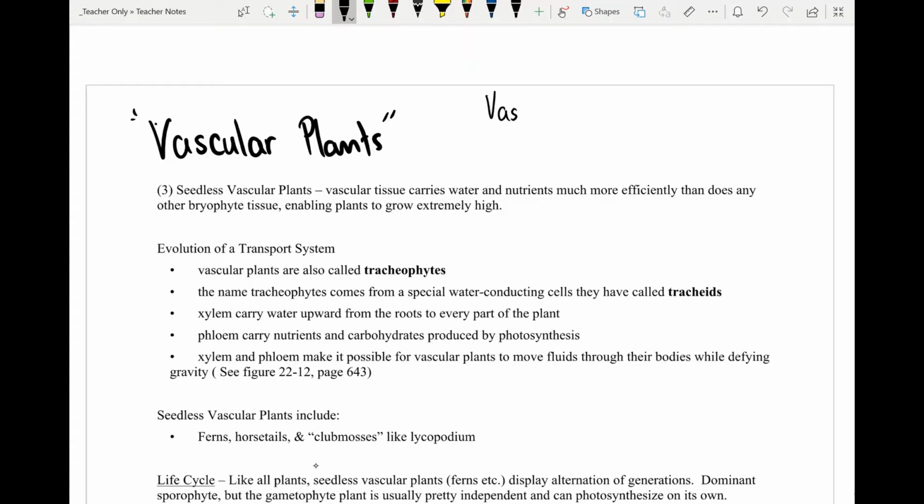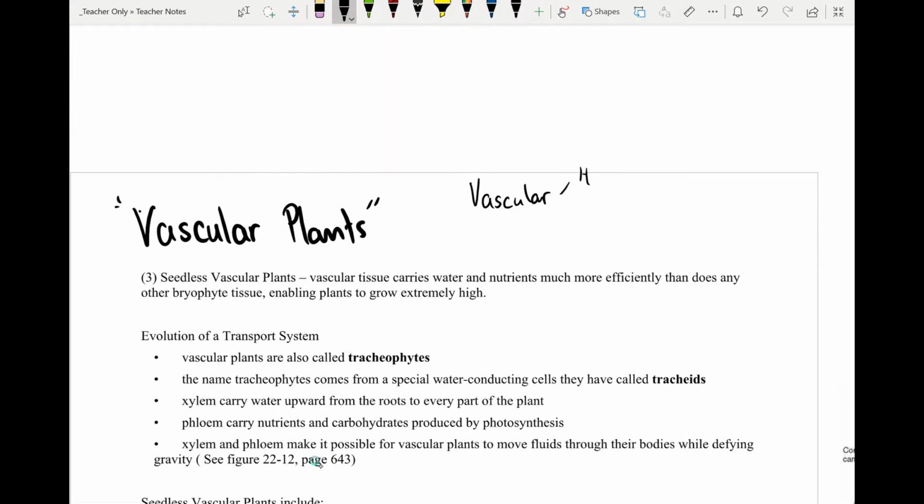So vascular, for humans, animals, we generally hear this referring to blood vessels.